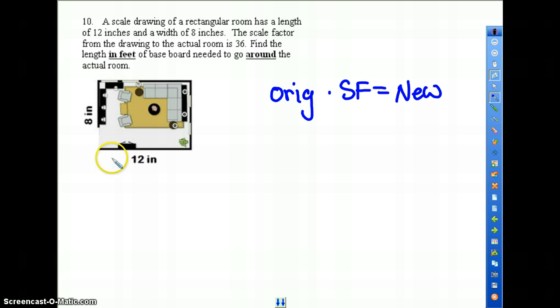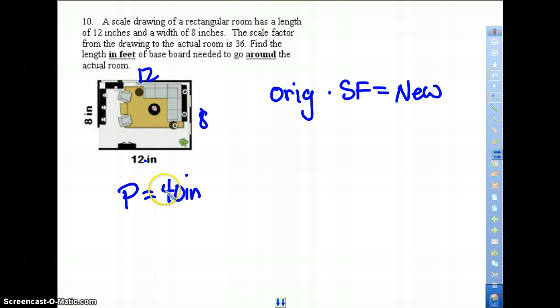So I'm going to find the perimeter of my little drawing here, which is 8 plus 12 plus another 8 plus another 12. Well, 8 plus 12 is 20, and 20 plus 20 is 40. So the perimeter on the drawing is 40 inches. I can take my perimeter of the drawing and multiply by my scale factor and get the perimeter of the actual room, but that's going to be in inches because this is in inches.